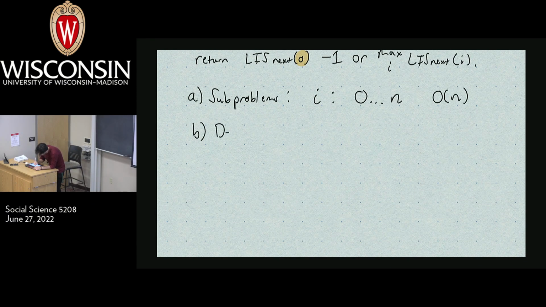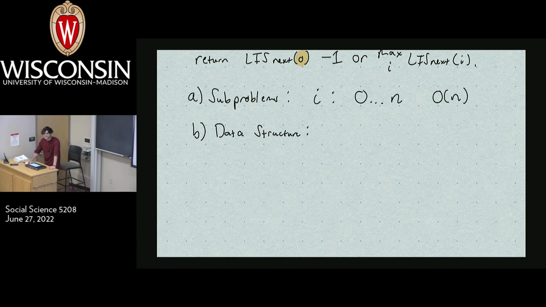Okay, what's our data structure? How can we store n plus 1 subproblems? What's a simple data structure that can store n things in a row?